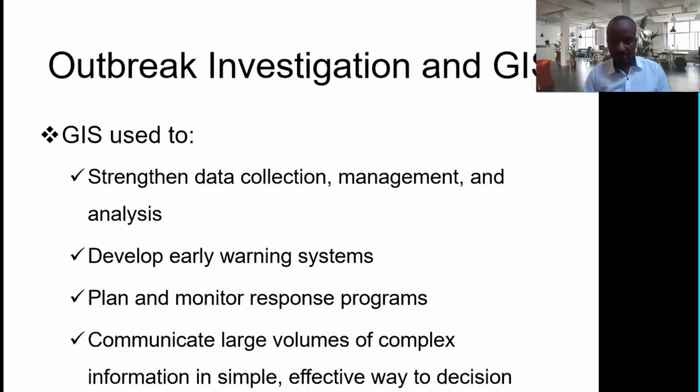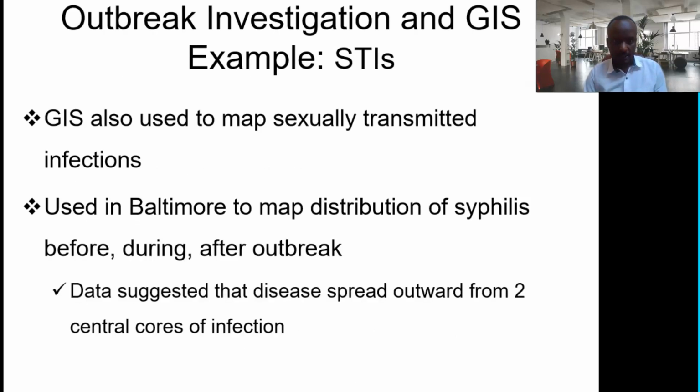So, outbreak investigations and the geographical information systems. GIS is used to strengthen data collection, management and analysis, to develop early warning systems, to plan and monitor response programs, to communicate large volumes of complex information in a simple, effective and short way to decision makers and the public. GIS is also used to map sexually transmitted infections, for example, used in Baltimore to map distribution of syphilis before, during and after outbreaks.